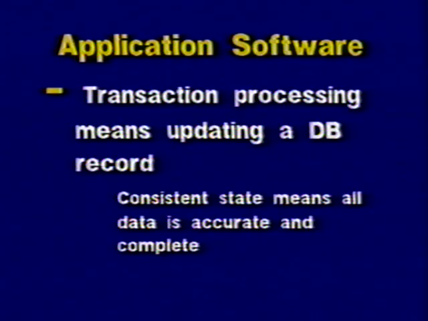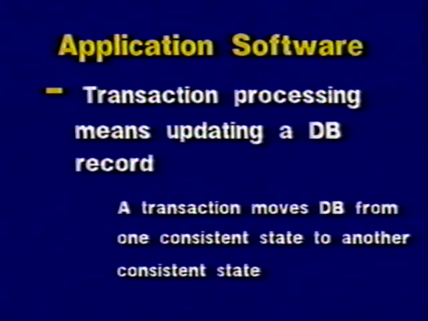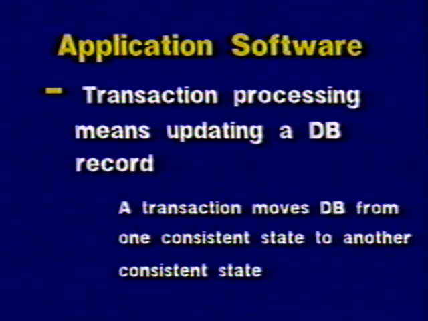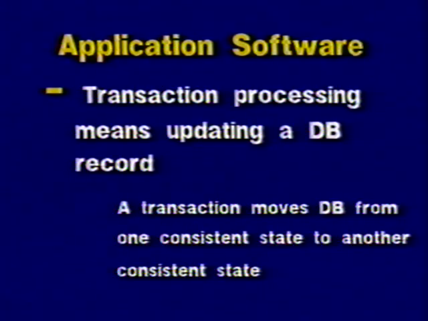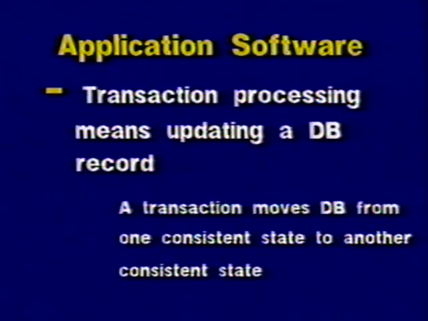Okay, so that's your definition. So in essence, a transaction moves a database from one consistent state to another consistent state. In other words, it begins in a state with no errors and ends in a state with no errors after a record has been added, edited, or whatever you happen to be doing with the record.